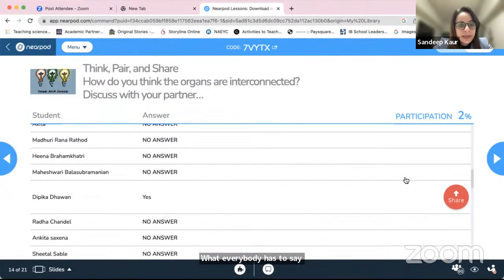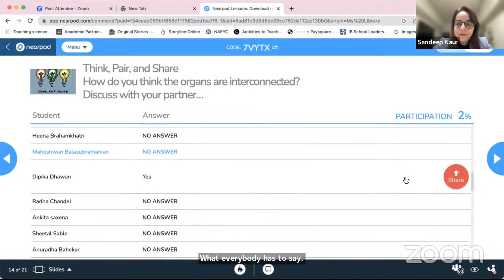Deepika says yes. And if you see yes and no, the question is, how do you think? So you can again push your students further by saying, okay, share some examples from the text, or give an example of something that you've experienced in your current life or in your day-to-day experience.